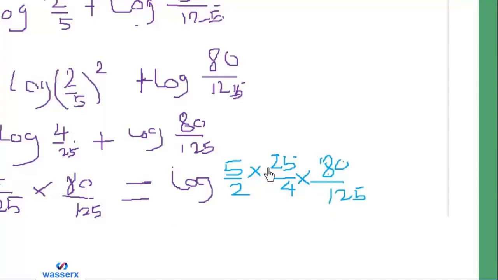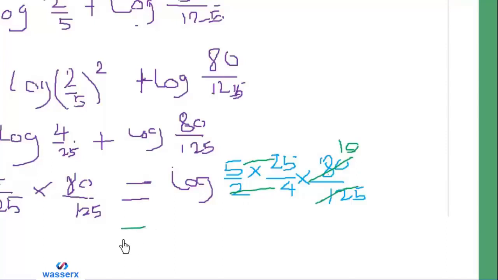Now we know 5 times 25 will give us 125, so this will cater for this. Then 2 times 4 will give us 8, so 8 will go into 80 10 times, so the whole thing simplified to 10.